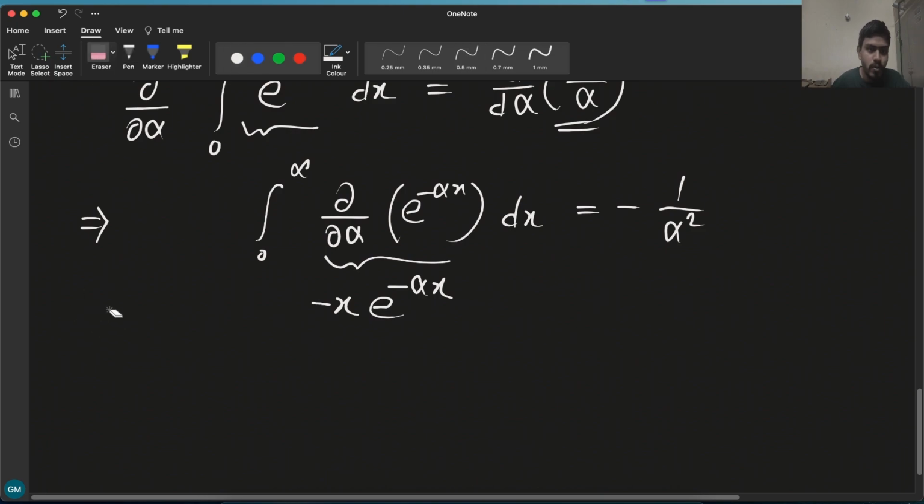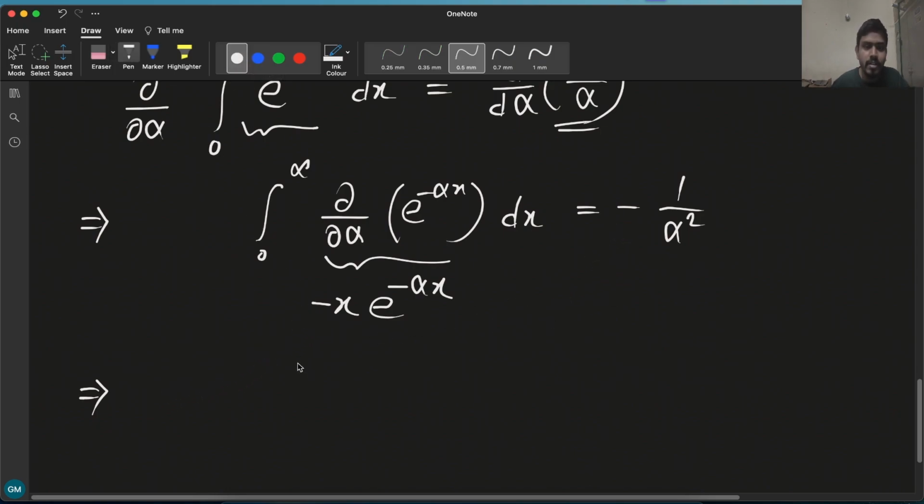And on the right hand side, if I do this differentiation, it is minus 1 by alpha square. So in the left hand side there is a minus sign, and here there is a minus sign, so they will cancel.